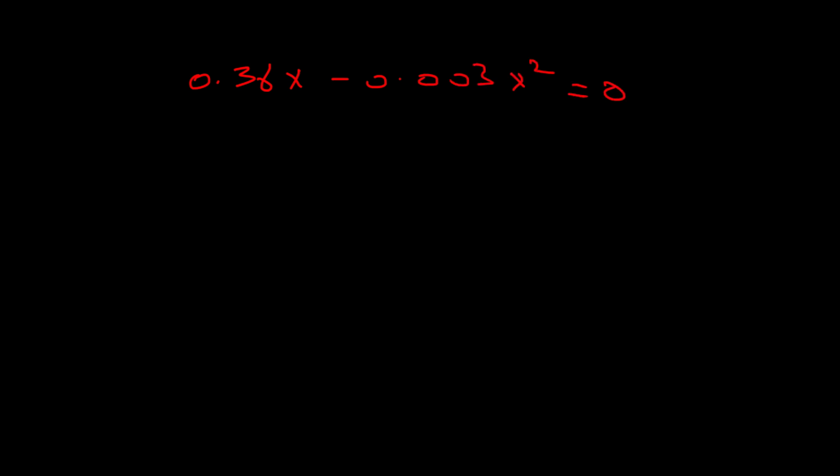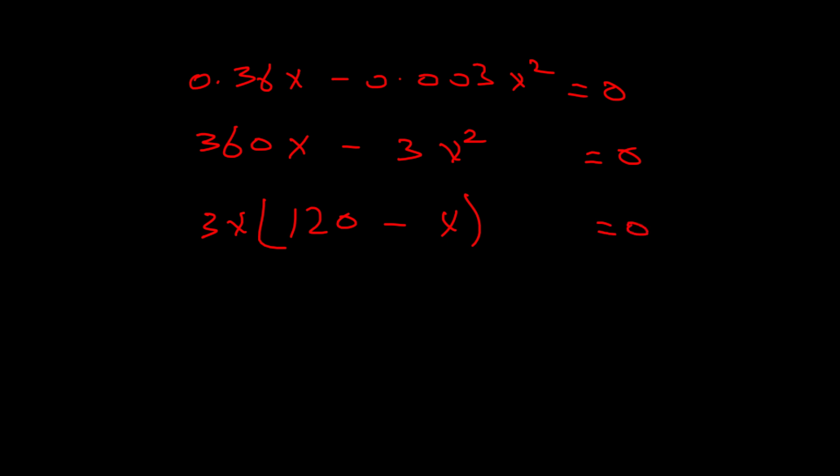We multiply both sides by 1000 and we get 360x minus 3x squared is equal to 0. So 3x times (120 minus x) is equal to 0. There are two values: x is equal to 0 and x is equal to 120.